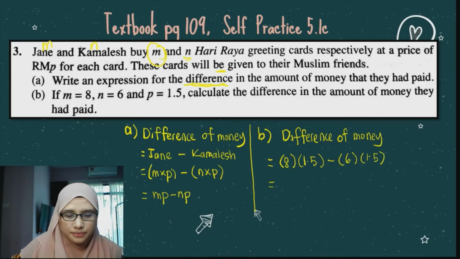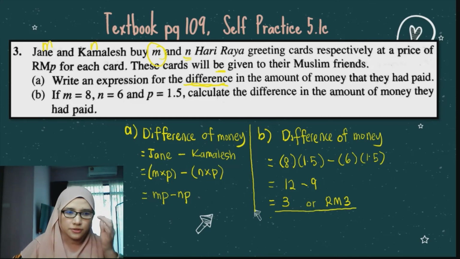So calculate that. Here you have 12 minus 6, 1.5. You have 9. That is 3. Forgot to write the RM. RM 3 ringgit.